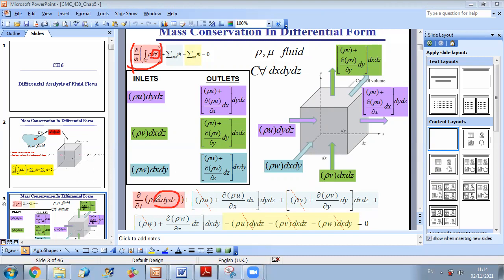This is the elementary volume you are considering here, plus sum of m dot out minus sum of m dot in equals 0. Now if you look at your terms, you can see that you can do many simplifications, and the final result will be as follows.